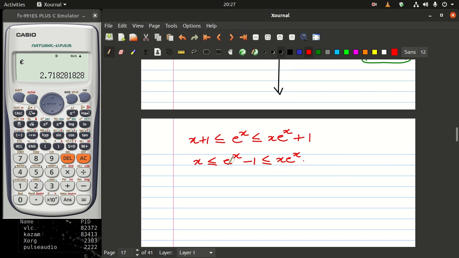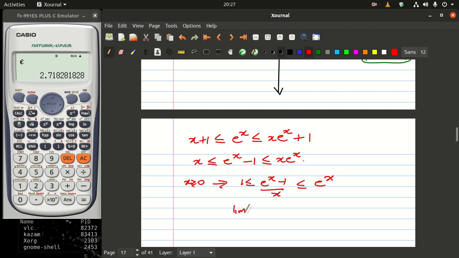Now, if you look carefully into this, here we will end up saying that if x is greater than or equal to 0, then I can divide through and end up getting 1 is less than or equal to e to the power x minus 1 over x, and that is less than or equal to e to the power x. The inequalities are not going to be reversed because x is going to be positive.